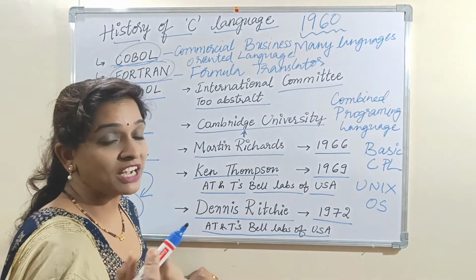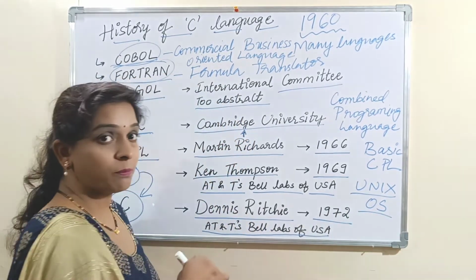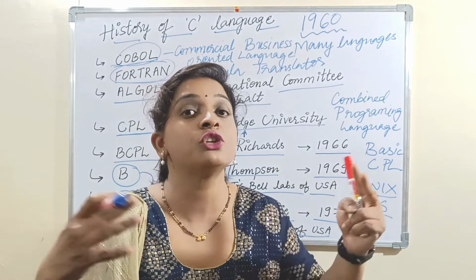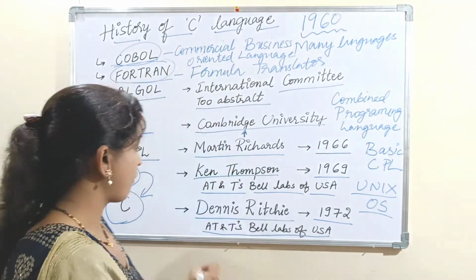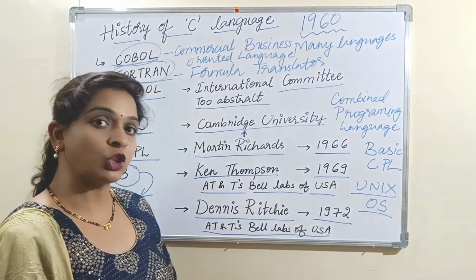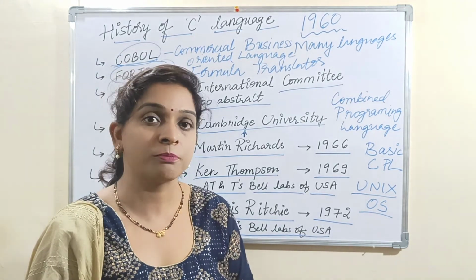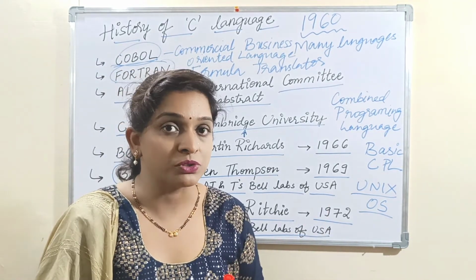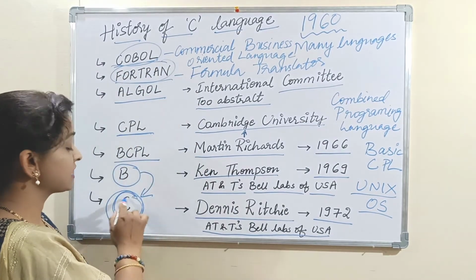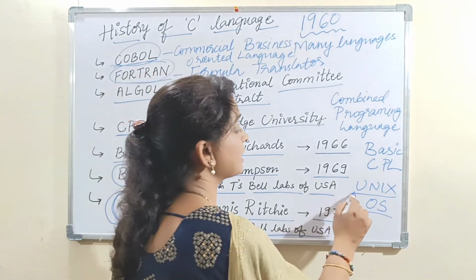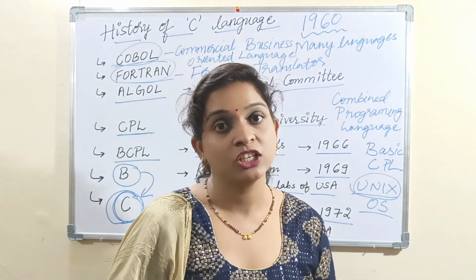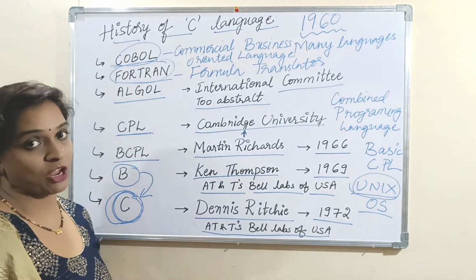The Unix operating system, which was designed in B language, was redesigned and incorporated with new features with the help of C language. Dennis Ritchie took permission from Ken Thompson, incorporated the features of B, introduced his own new features, and then designed this C language. So the Unix operating system was redesigned with C language by Dennis Ritchie. This is the history of C language.